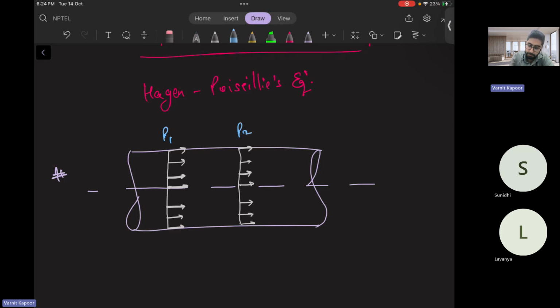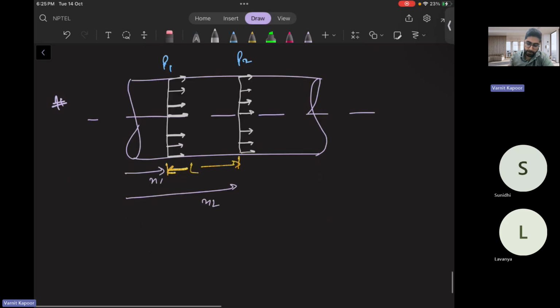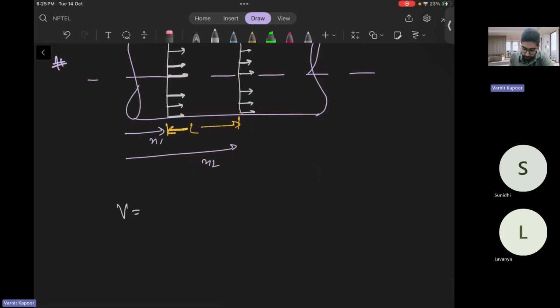Between them, the length is L. This is your X1 till here, and this is your X2. Between the two points, your velocity is nothing but your U mean.